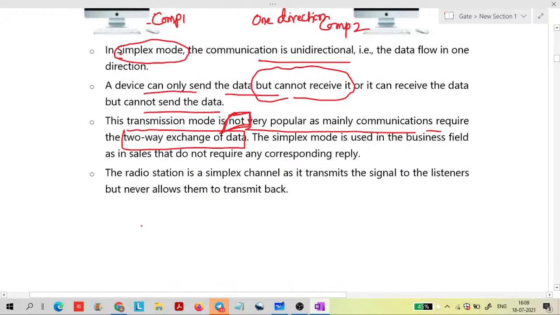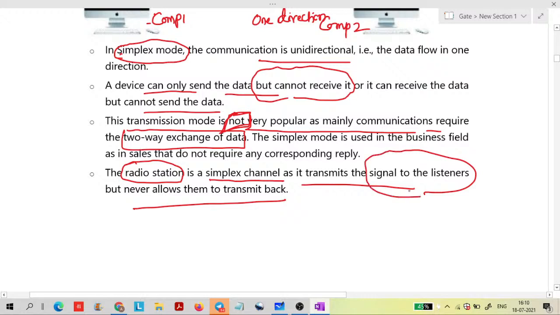The radio station is a simplex channel, as it transmits the signal to the listener but never allows them to transmit back. This is the best example of simplex communication: it transmits the signal to the listeners, the audience, but never allows them to transmit back.